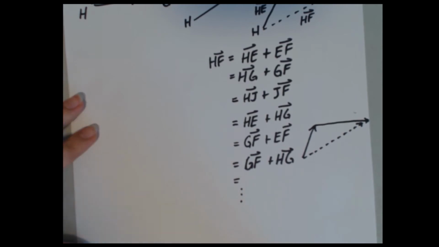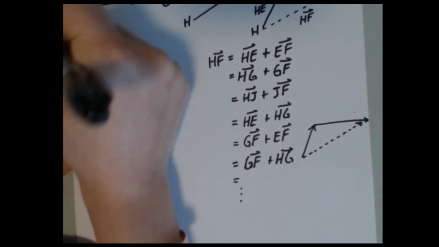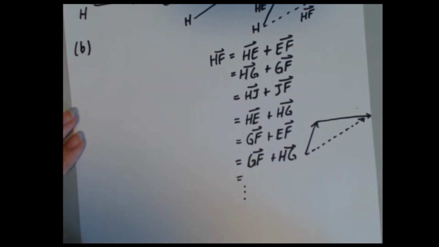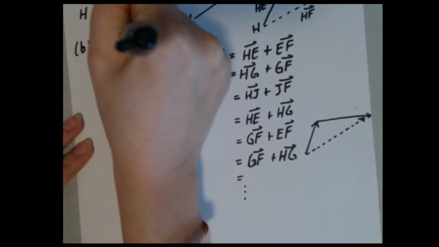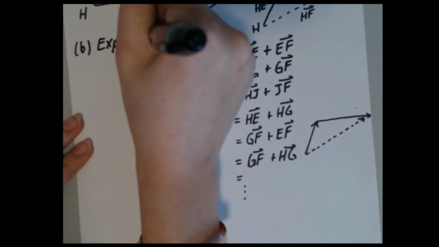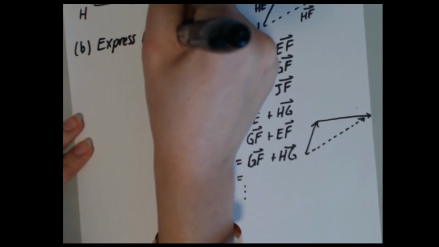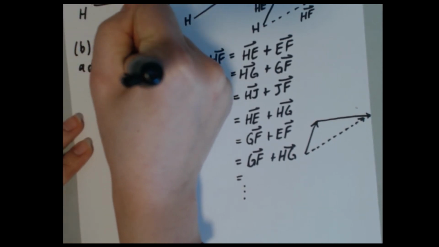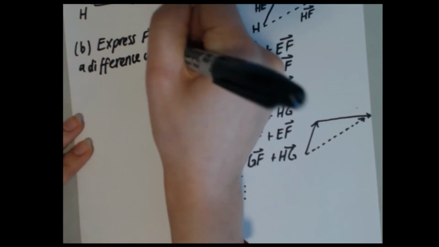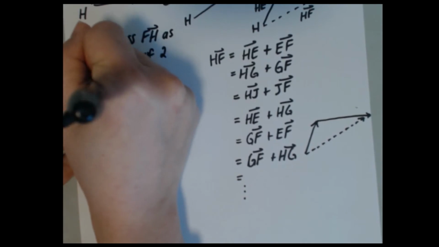That's the sum. Now, the not so fun part, but still not too bad, the difference. Express FH as a difference of two other vectors.